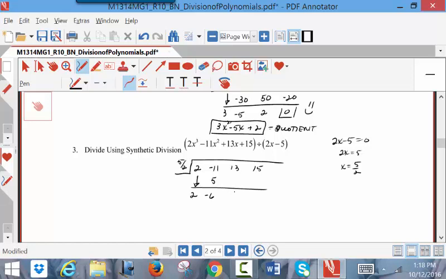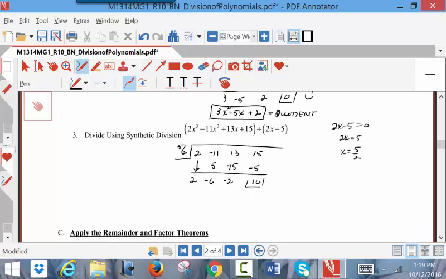The next one: 5 halves times negative 6 is negative 15. Then when you add, you get negative 2. 5 halves times negative 2 is negative 5. And then when you add, you get your remainder of 10. So this doesn't get a happy face. It's not a remainder of 0.